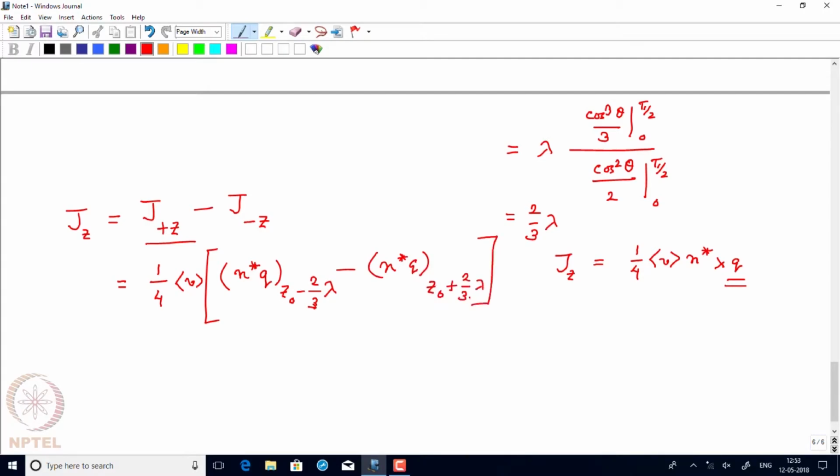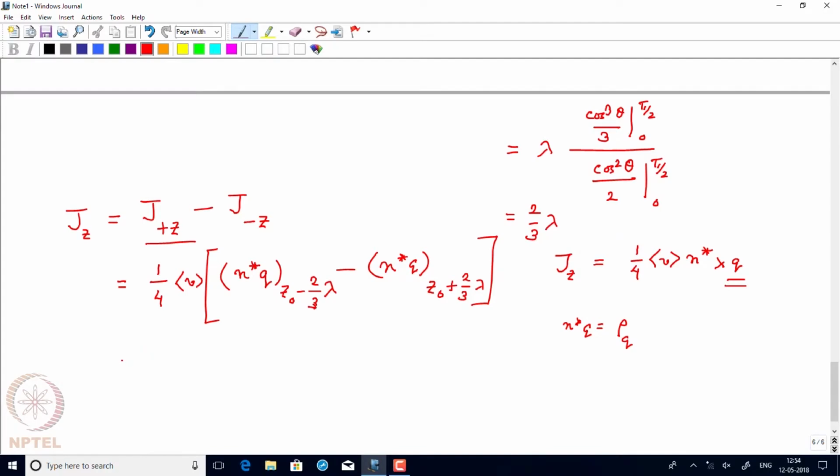Now, some textbooks we recommended write this quantity n star into Q as rho suffix Q, but we are not using that notation because rho itself is used in many places as density. So we'll just keep it as n star into Q.